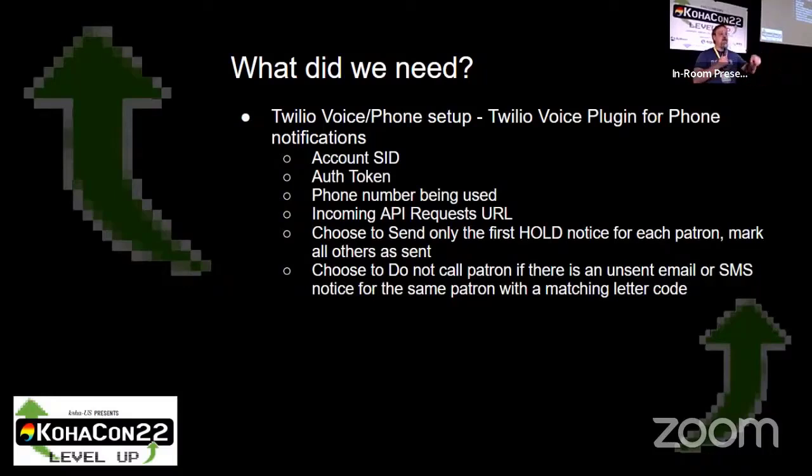It's only going to make the phone call if they didn't opt for text or email. So that saved patrons being annoyed with phone calls when they got notified some other way. Even if they choose phone, if they've got other methods for that same message, they're not going to get that phone call.